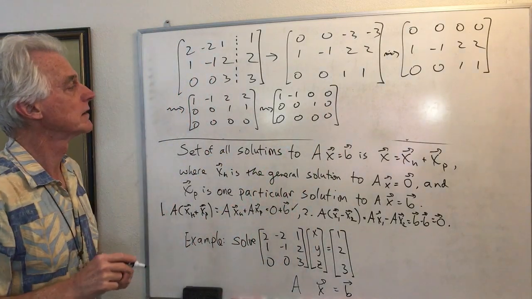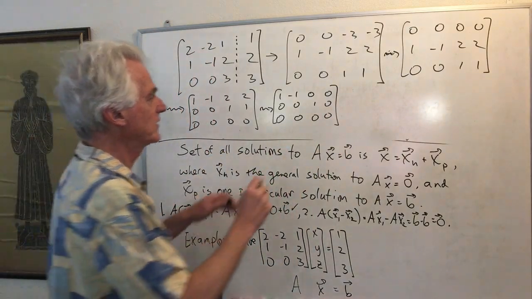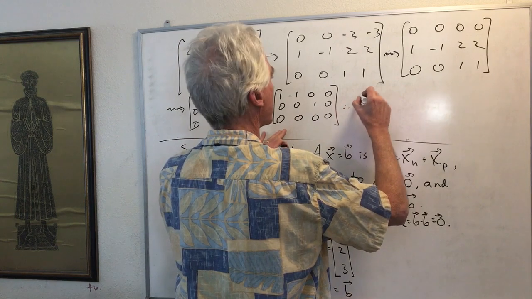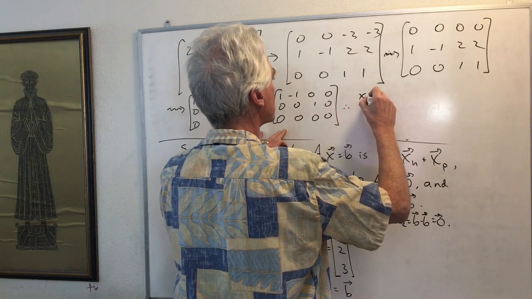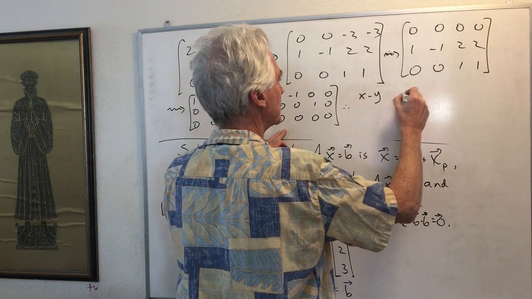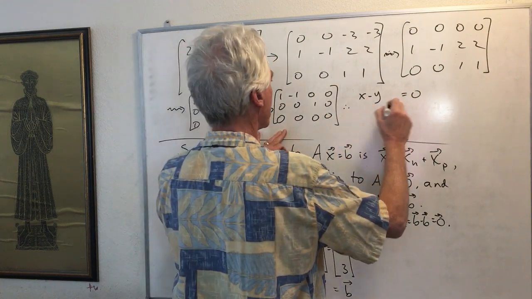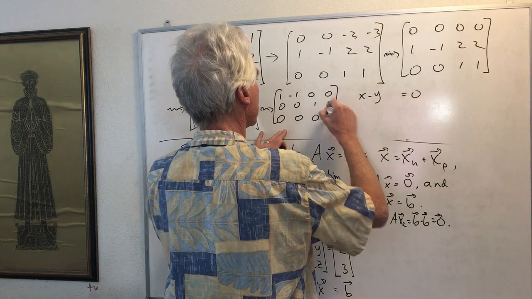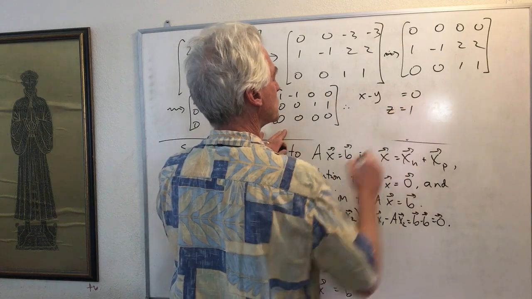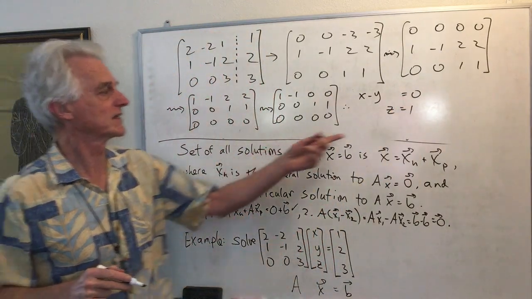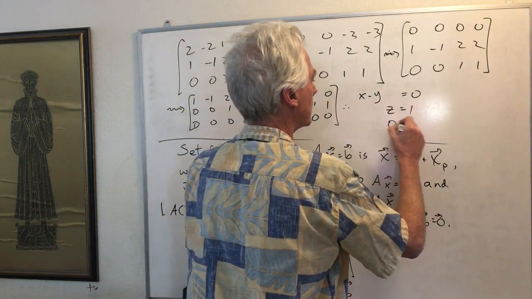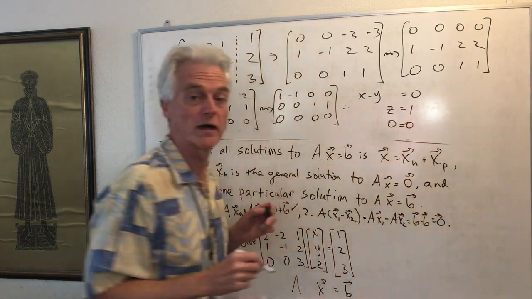Okay, all right. So this means that x minus y plus 0z is 0, and 0 times x plus 0 plus y plus z, that should be a 1, plus z is 1. And then I get 0 equals 0 on the bottom, okay?